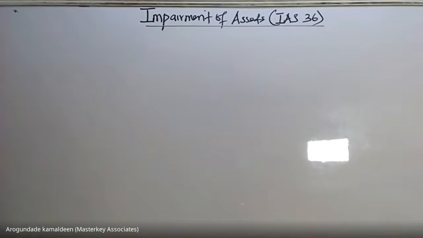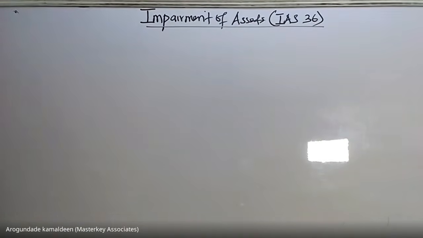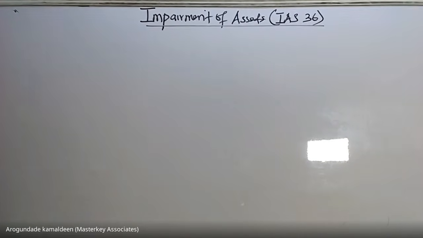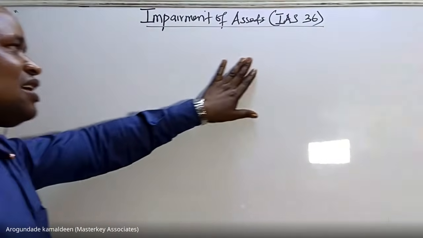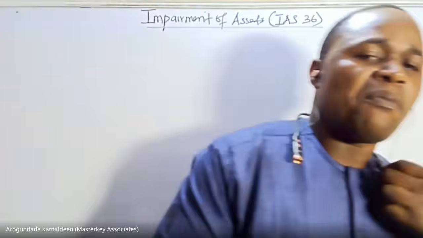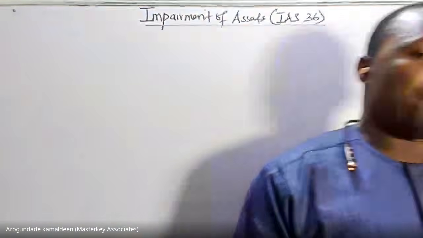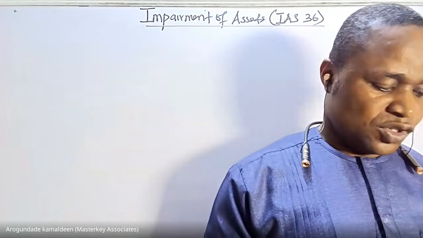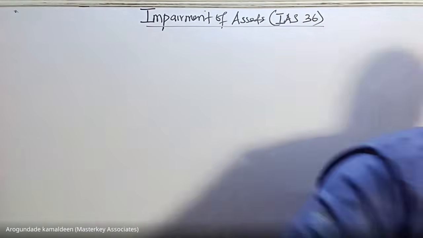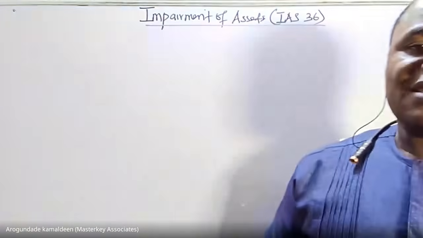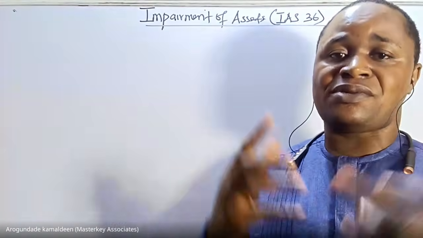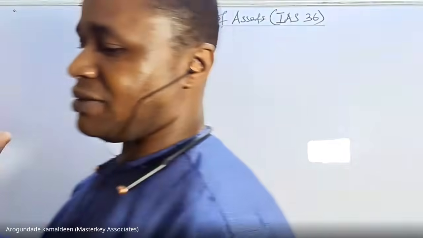Welcome to IAS 36, impairment of assets. Of course, impairment is a term that has been ringing in the minds of many ICAN students. IAS 36 is the almighty standard that governs the impairment of assets. Before the commencement of any standard, it is important we understand the objective of the standard.